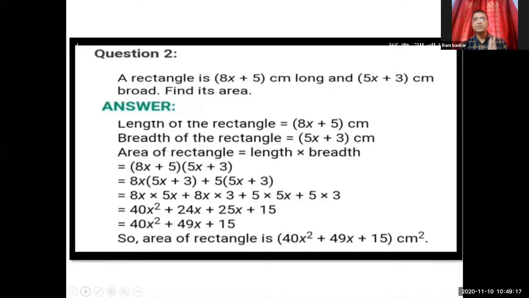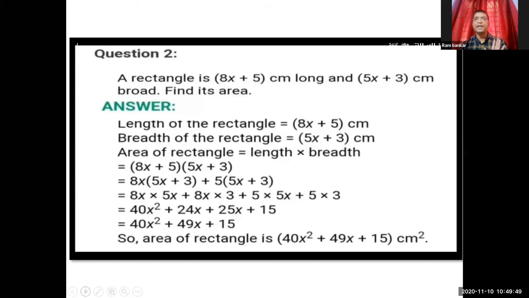Now take as it is what we are taking. We are taking the first term of the first expression, that is 8x, multiplied by the full second expression, that is 5x plus 3. In the same way, we have taken the second term of the first expression. What is the second term of the first expression? That is 5. 5 into the second expression written as it is, 5x plus 3, in the bracket.